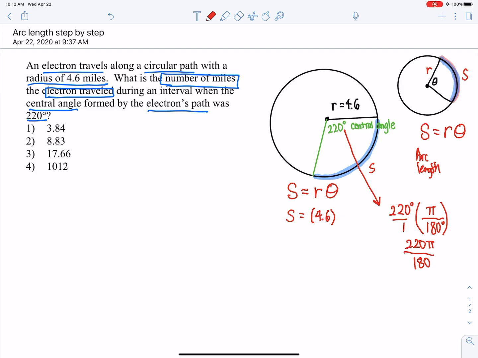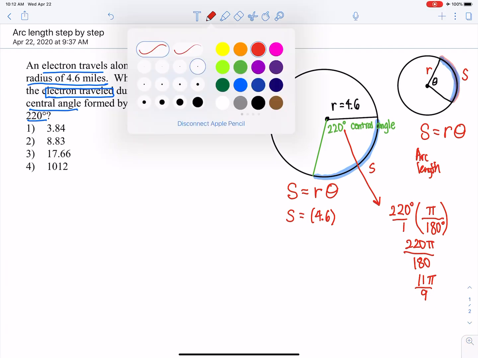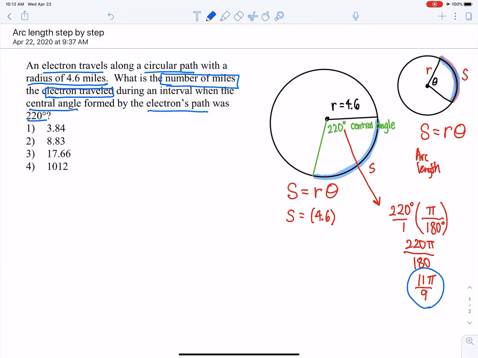I press math frac, and then I get 11 over 9, and then I'm going to keep the pi on top. So we're diagonally canceling like terms, and it reduces to 11 over 9, and then make sure you put the pi. So 220 degrees, the central angle in radian measure, is now 11 pi over 9.